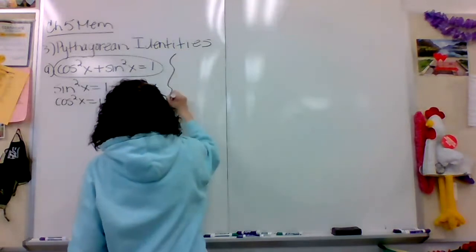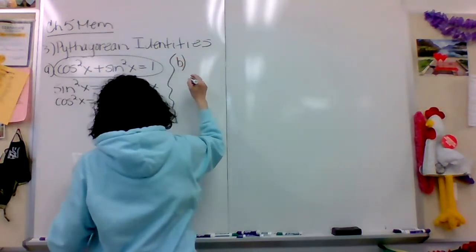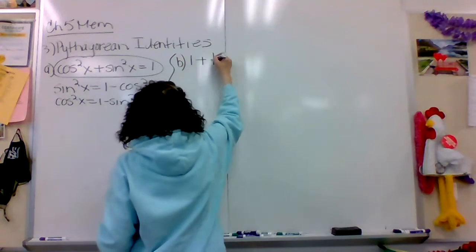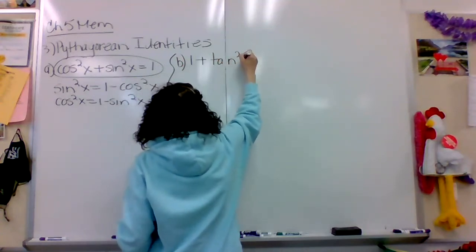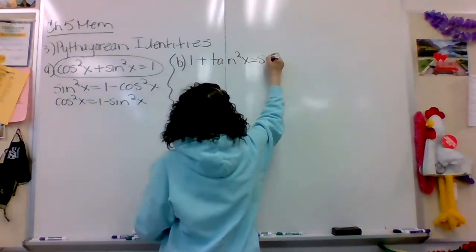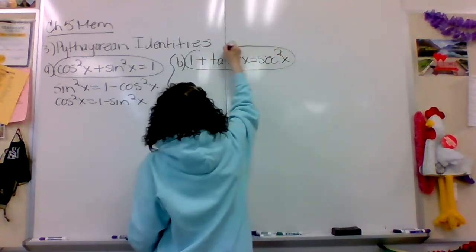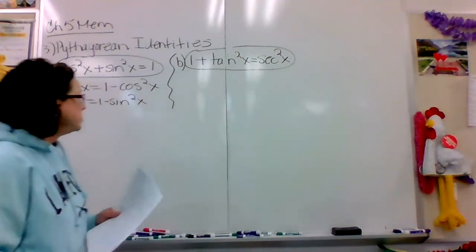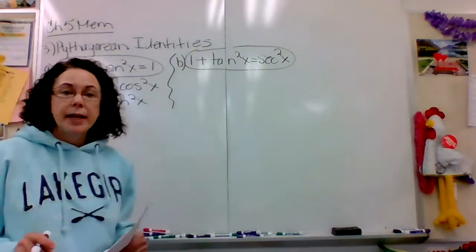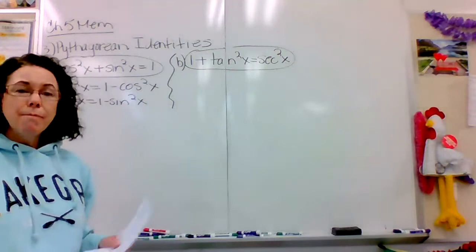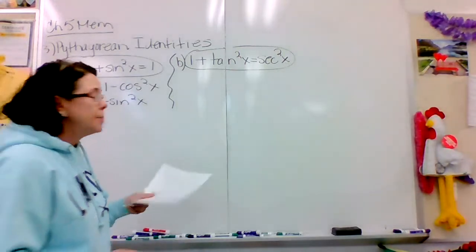A next identity, B, then would be that 1 plus tangent squared x equals secant squared x. Okay, I would put a circle on this. You will be using this a lot. 1 plus tangent squared equals secant squared. How else might this true identity appear?